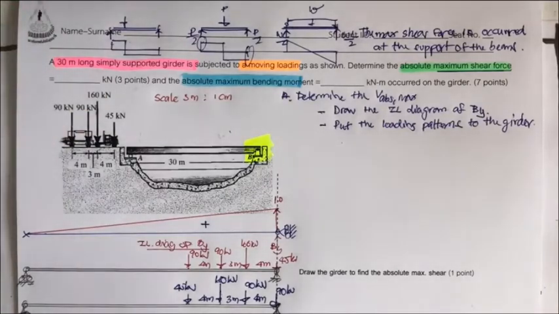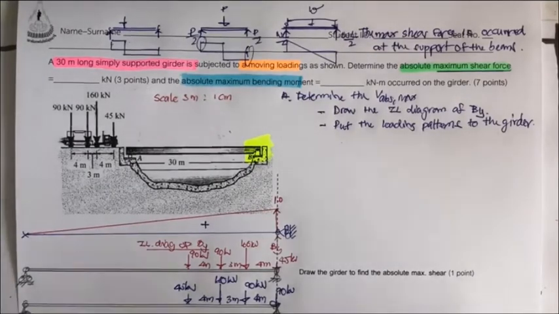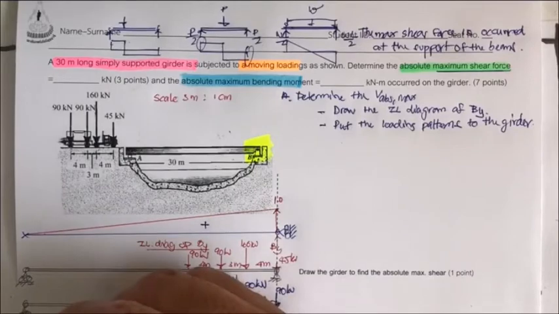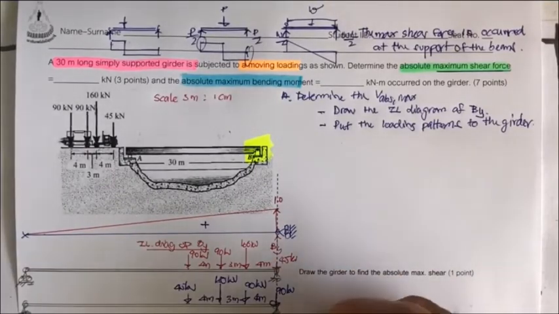There are some cases where we need to put 3 of the wheel loads onto the beam, to consider as another step. Let us check whether the 3 loads put on the girder produce the maximum shear force or not.